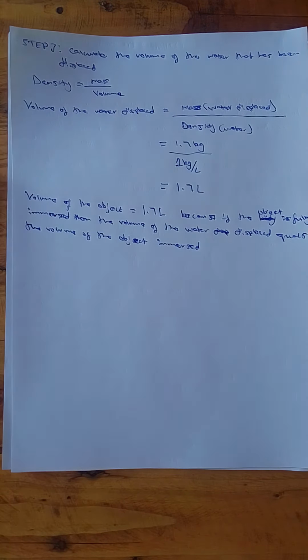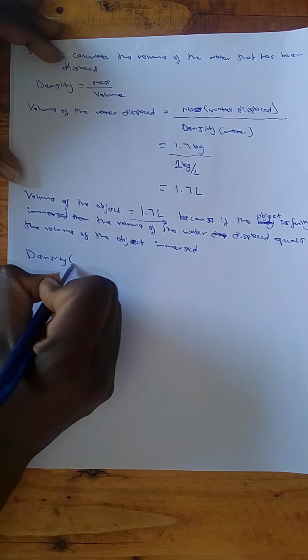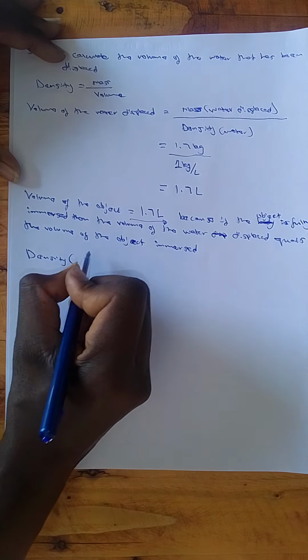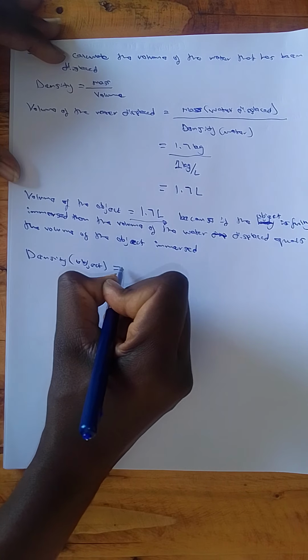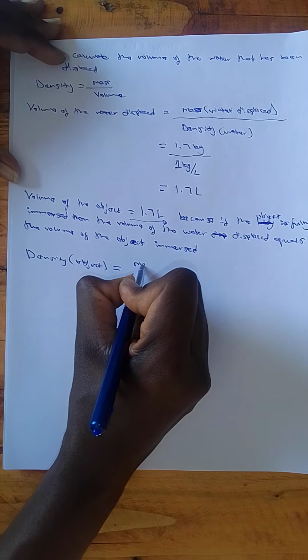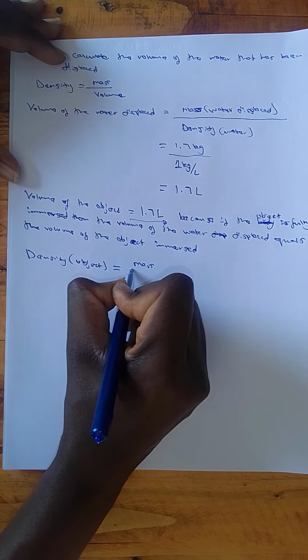Now we have the volume of the object already, and we have answered one part of our question. Remember, they say it's necessary to find both the volume and the density. So now that we have the volume, we can use the equation of density: density of the object equals the mass over volume.